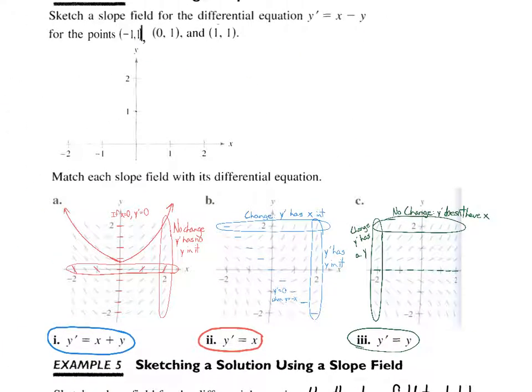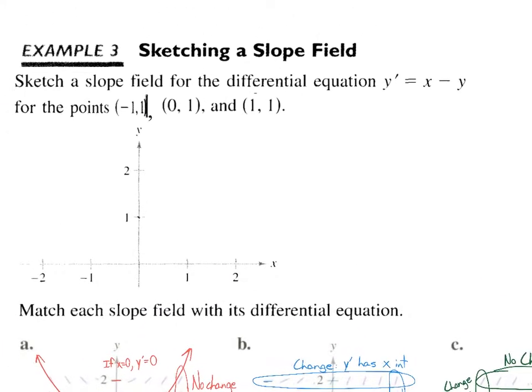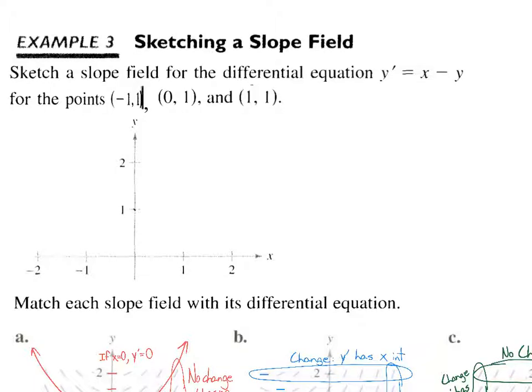And it's actually a pretty simple process. First of all, we start with a differential equation. Okay? Here we have the differential equation y prime equals x minus y. If I want to sketch a slope field for these points, first of all, I plot the points.